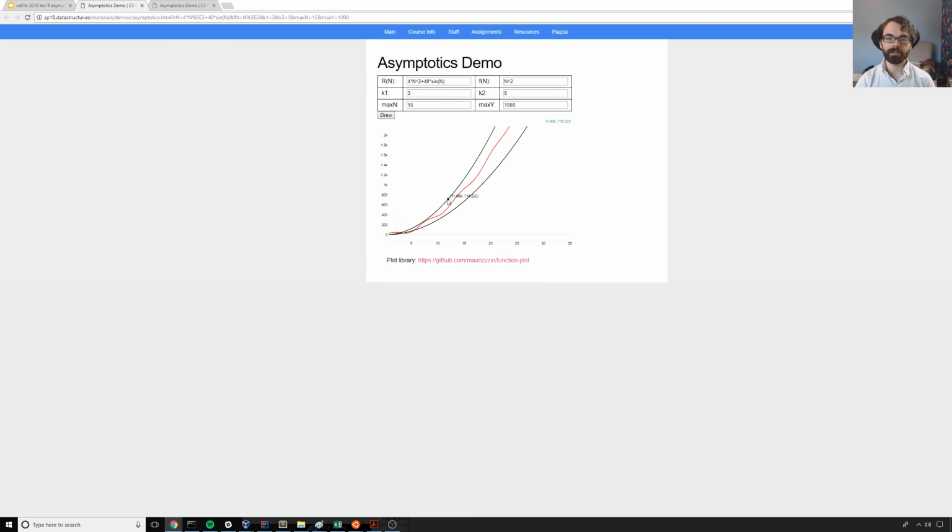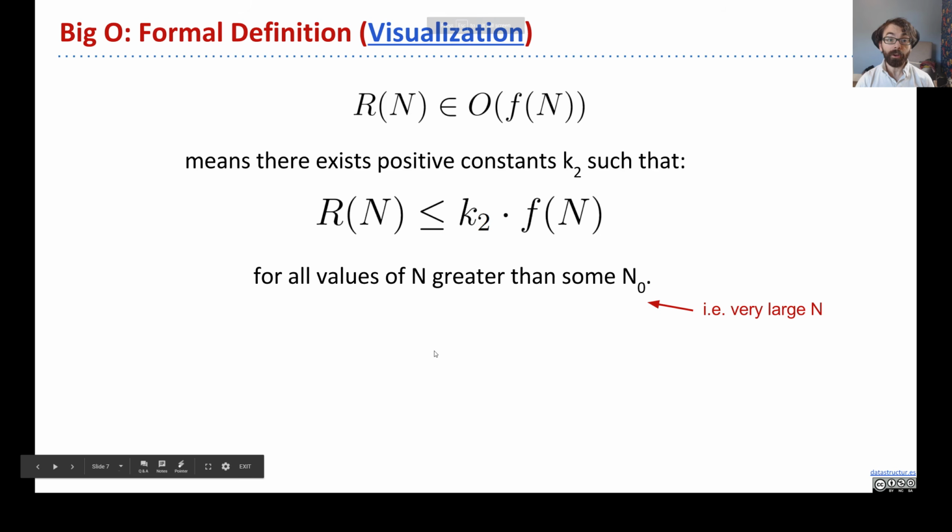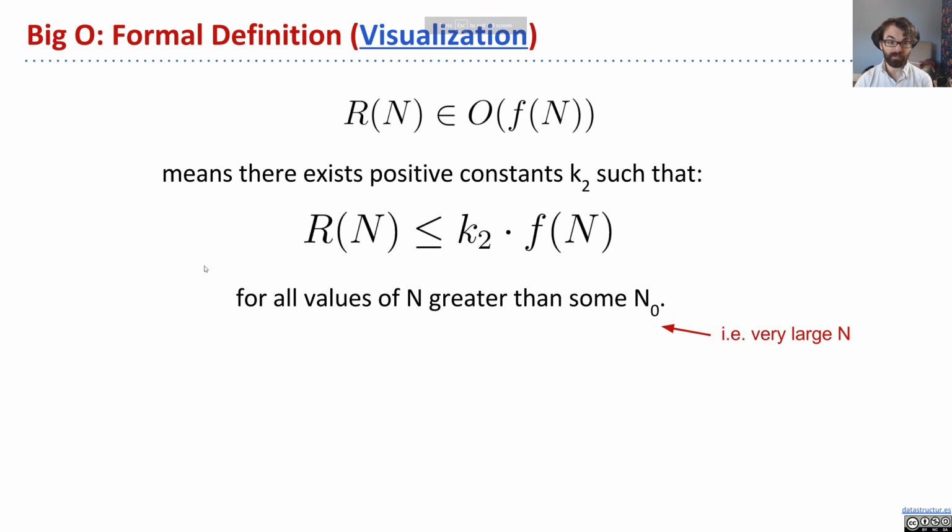As you can see, it is between a small and a big version, so we can say that it is Big Theta of f of n, in this case, n squared. Big O, very similar, you just drop that bottom function. We don't care about k1 times f of n anymore. Now it's just that we're bounded above.